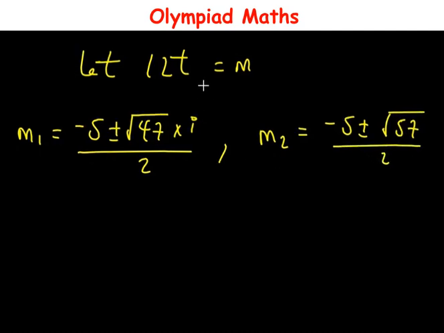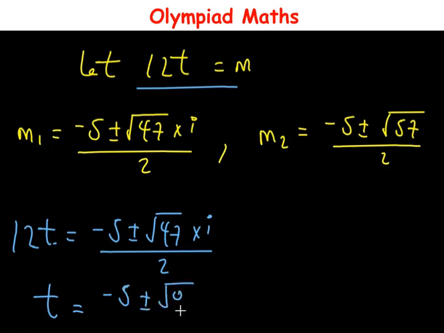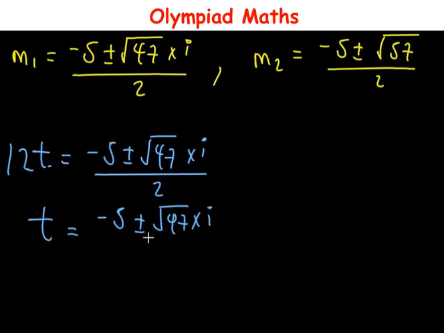To solve for t, input these values of m1 and m2 into this. For m1, 12t is equal to m1, minus 5 plus or minus root 47 times i over 2. So the value of t is equal to minus 5 plus or minus root 47 times i, all over 24.